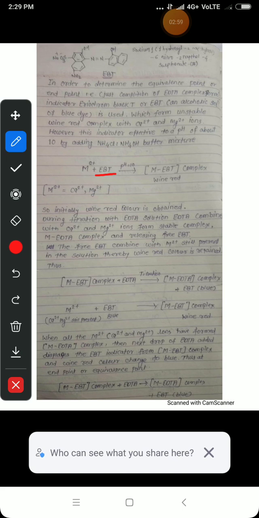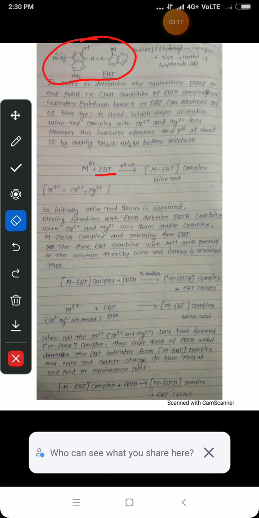Eriochrome Black T is an alcoholic solution of a blue colored dye, which is used to indicate the endpoint, and this is the structure of EBT for your kind information. In this way we can write the structure of EBT, that is Eriochrome Black T.